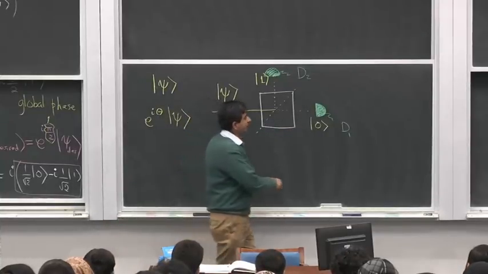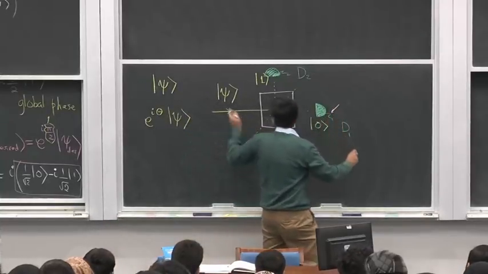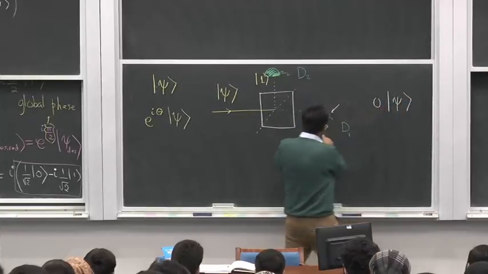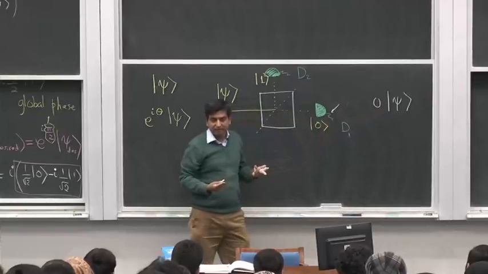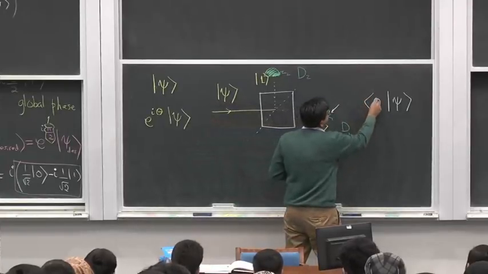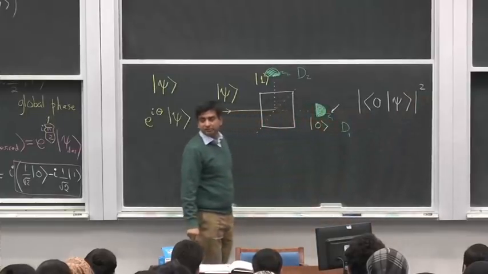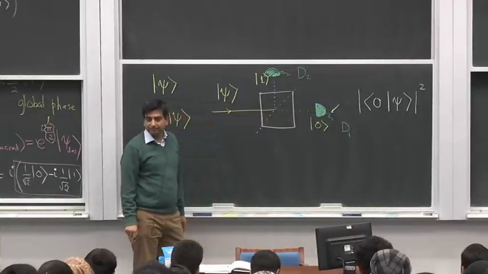this detector is going to click is going to be the overlap of the state psi with this output state 0, modulus square. Okay?